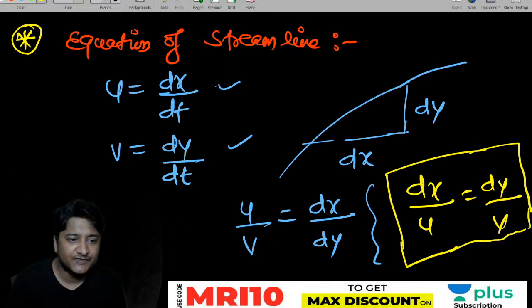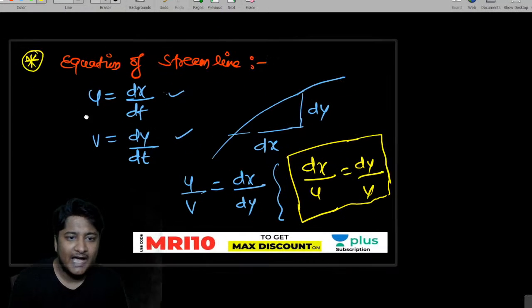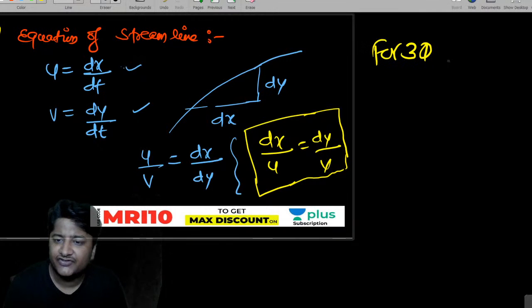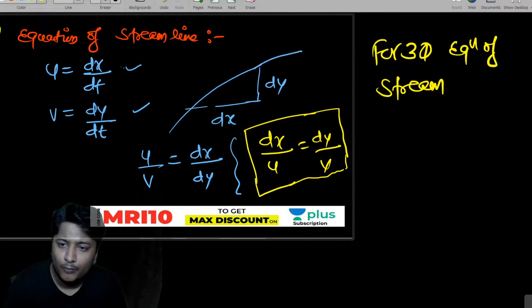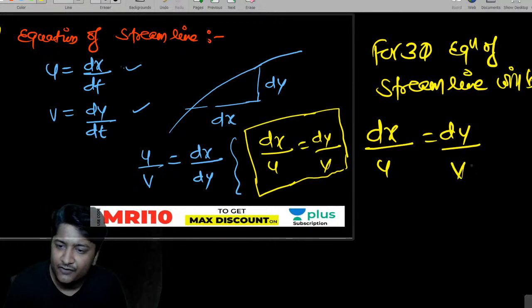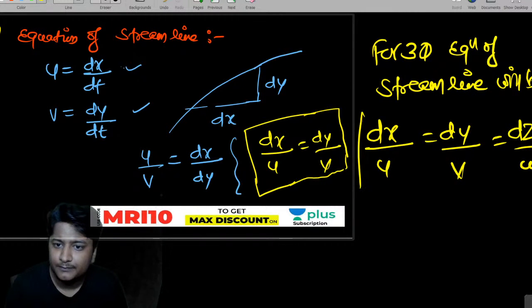And if you write this equation for 3D, nothing will change. For 3D, the equation of streamline will be dx upon u, dy upon v, and dz upon omega.